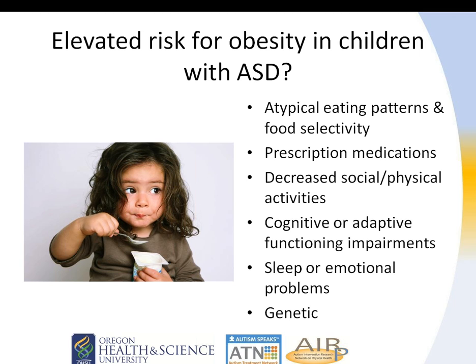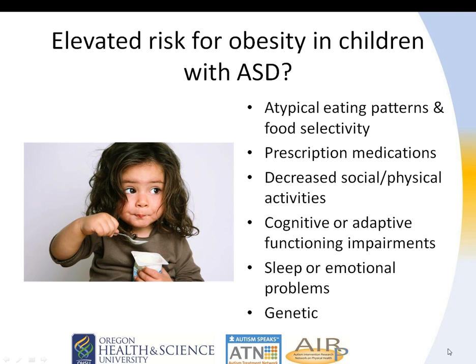So there's been some suggestions recently that children with autism may be at elevated risk for obesity. This could be due to a number of different factors, such as atypical eating patterns and food selectivity, which may be common among children with autism. In addition, many kids with autism are on prescription medications that have weight gain as a known side effect, in particular selective serotonin reuptake inhibitors and atypical neuroleptics.